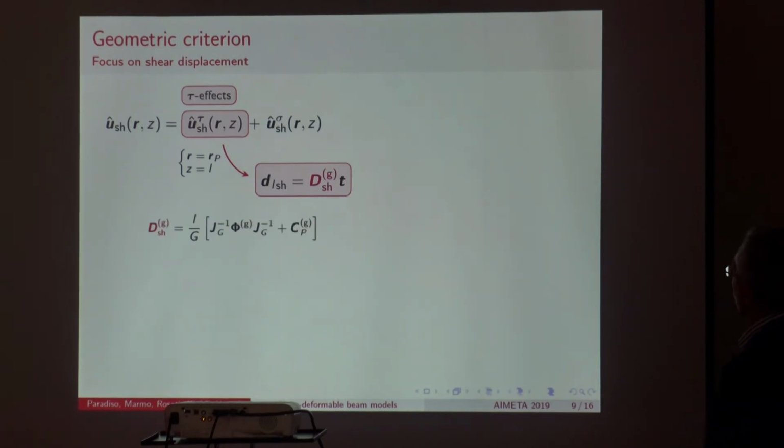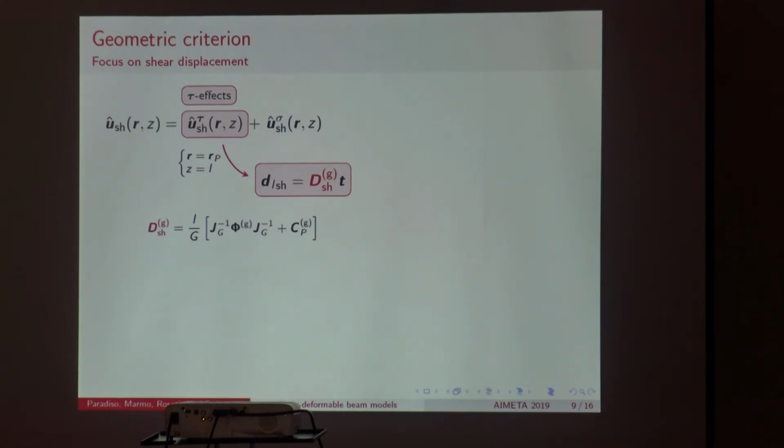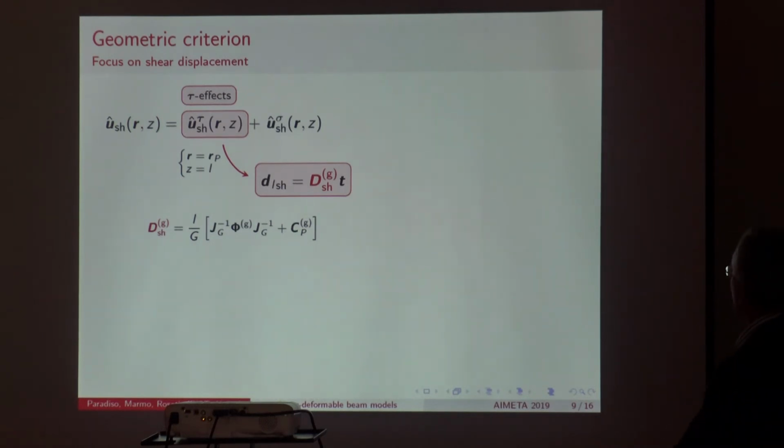And we can express this term in two different ways, depending on whether we adopt an energetic or a geometric approach.